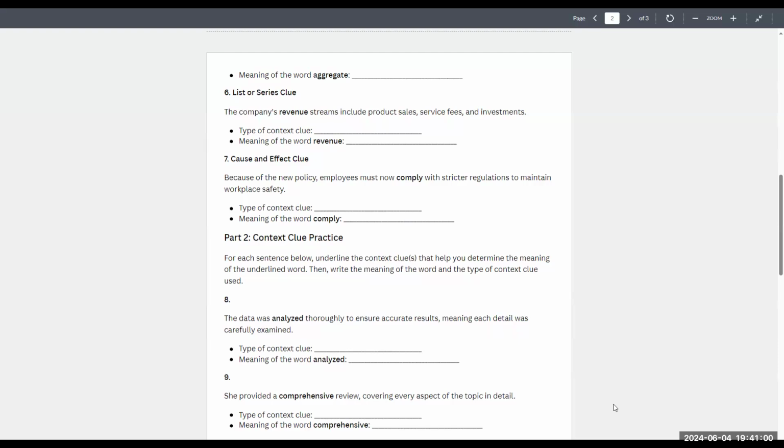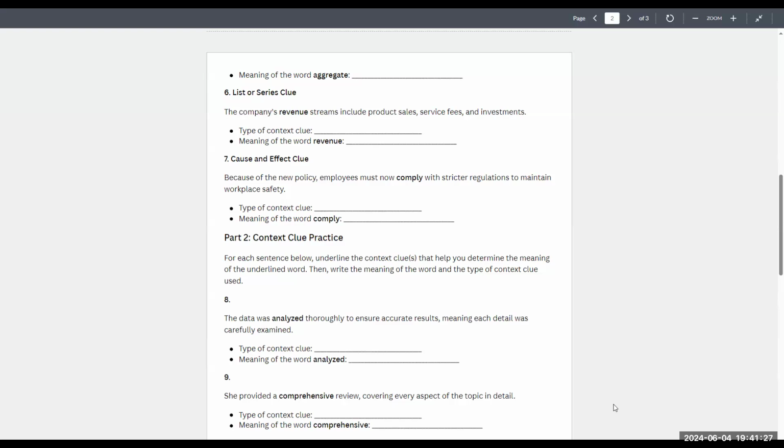It includes product sales, service fees, and investments, right? So what do you think revenue means? The profit, almost the profit, yes. So what you're getting, all the money that you're getting from that, which includes product sales, service fees, and investment. All the money that you're making as a company.